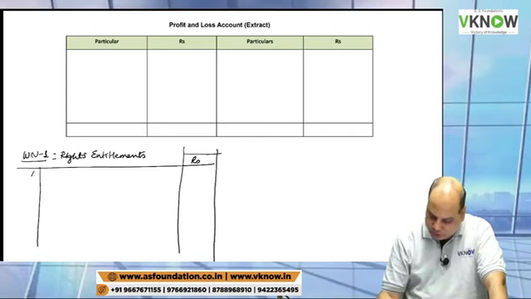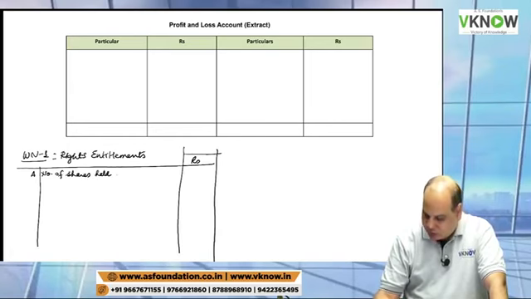First point A: number of shares held before right issue.